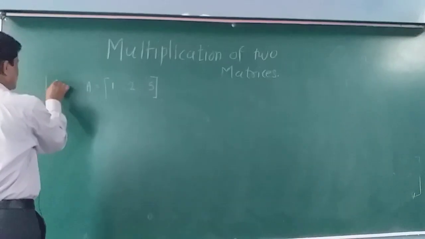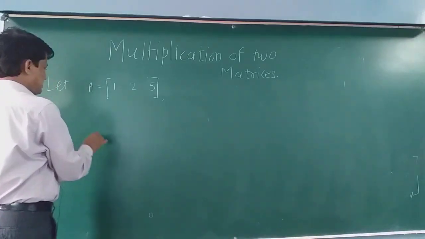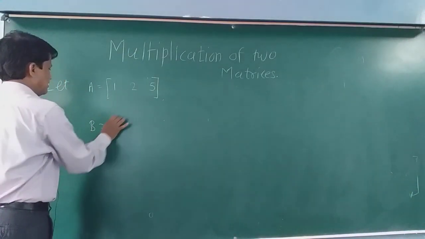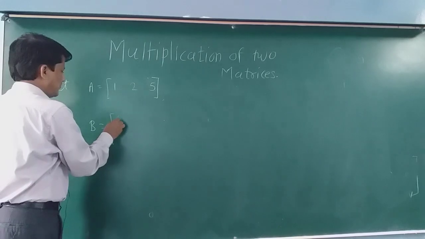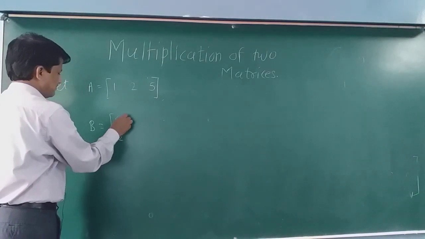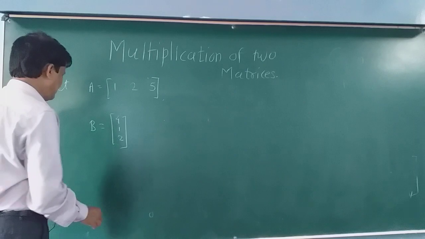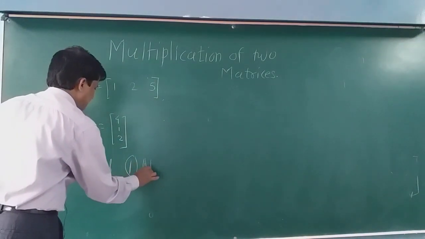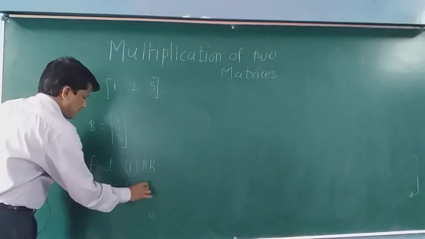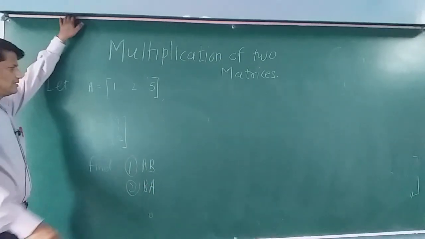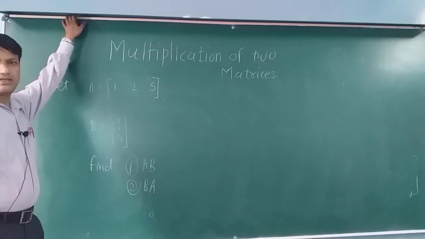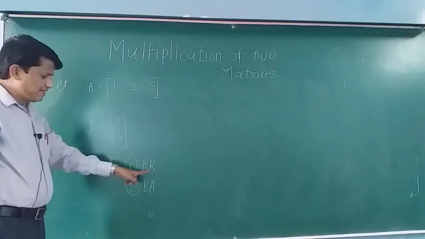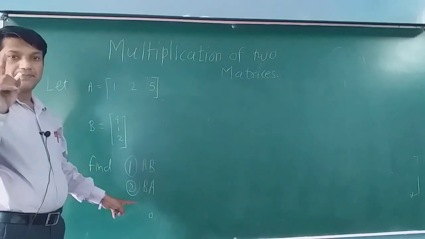Let A equal this matrix and B equal to another matrix, 4 1 2. Then find number 1, AB, and number 2, BA. A is given, B is given, we have to find the product AB as well as the product BA.